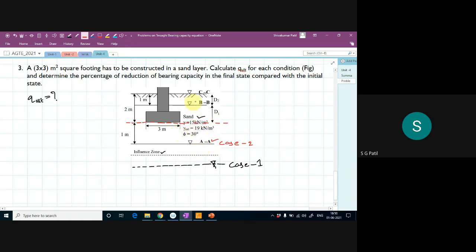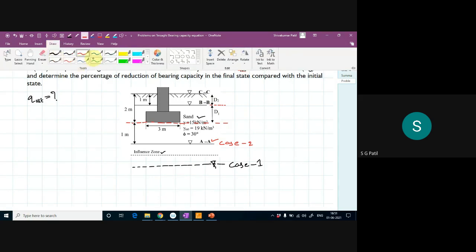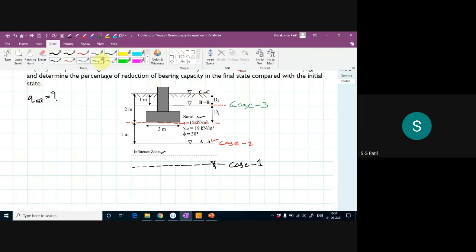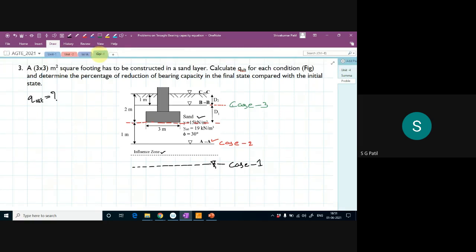Then in case 3, the water table is somewhere above the foundation, here. And case number 4 is if the water table is at the ground surface.